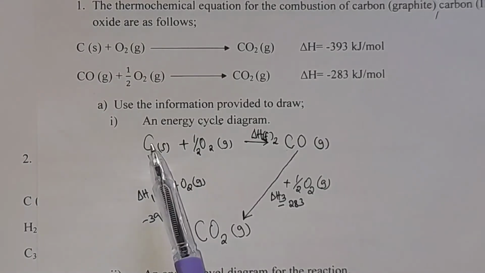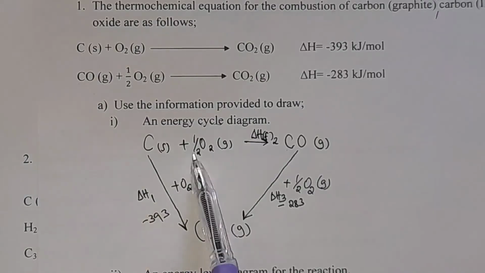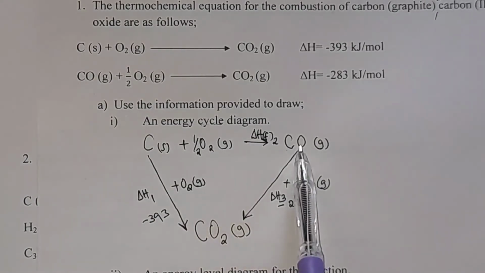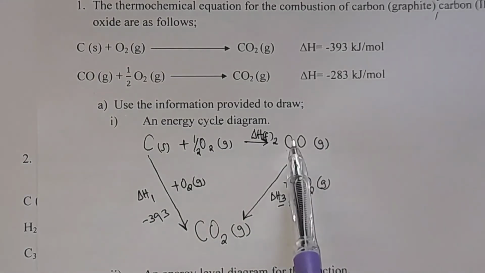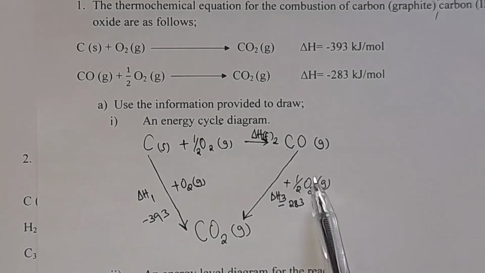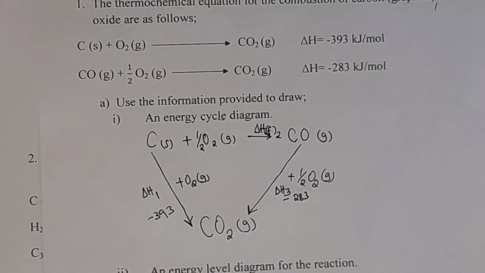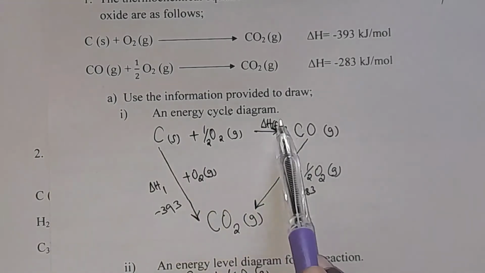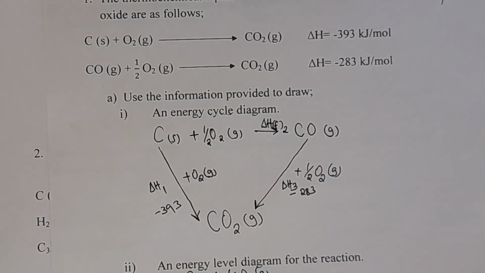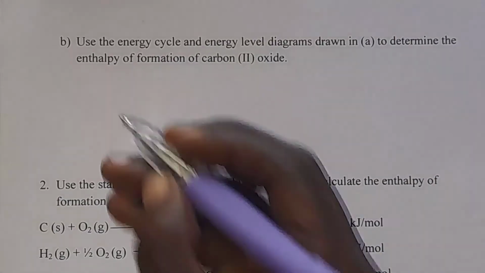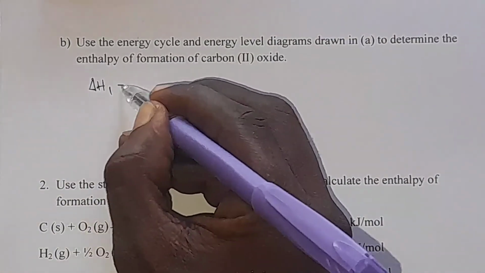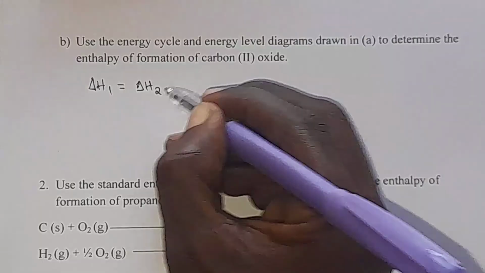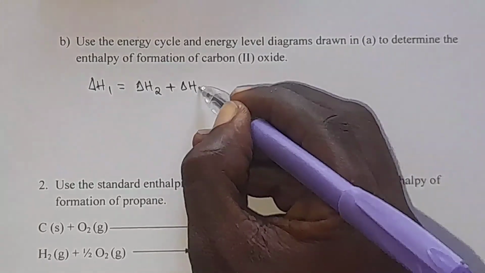The other route is carbon reacting with half of oxygen gas, giving you carbon 2 oxide, then taking that carbon 2 oxide reacting with half mole of oxygen gas to give you carbon dioxide. So there are two routes. So to write the expression, enthalpy change 1 will be equal to enthalpy change 2 plus enthalpy change 3. That will be the expression.